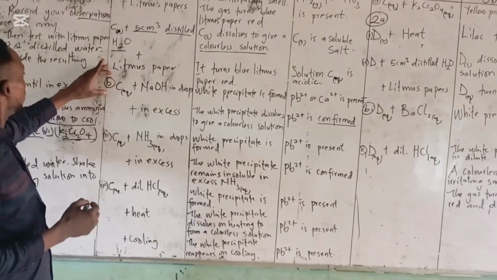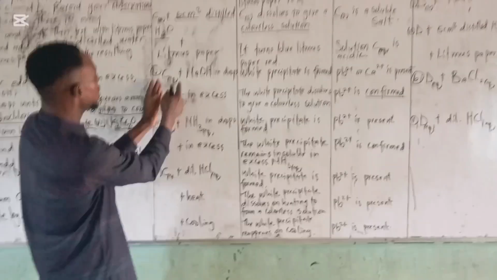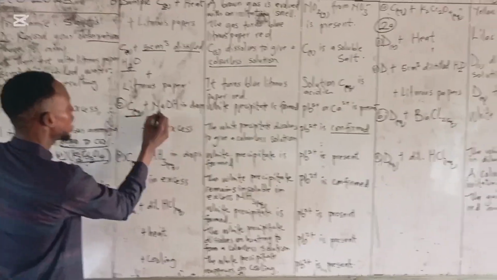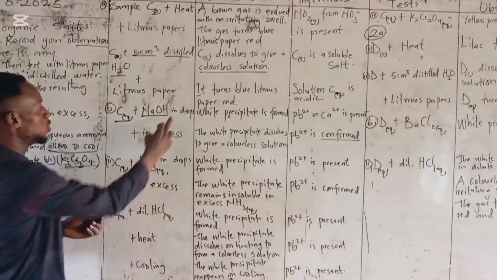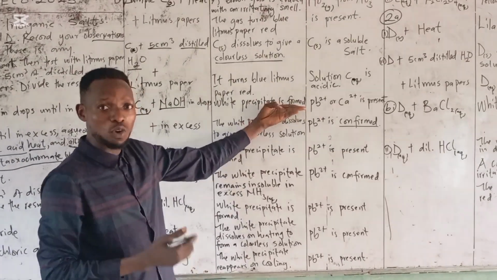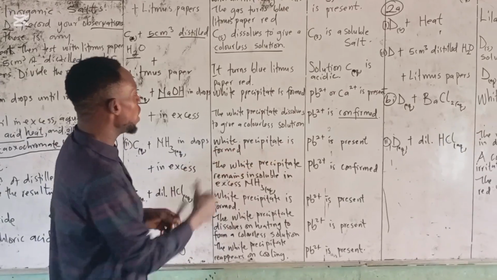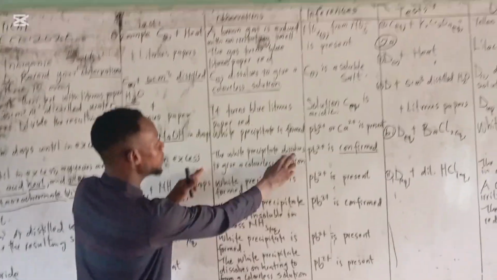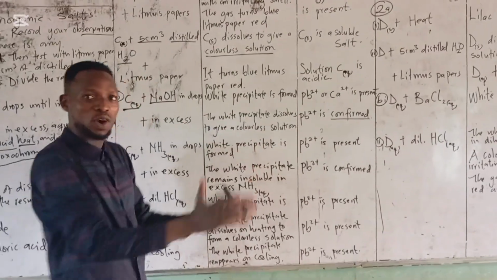Now B: we were told to put the first portion and add sodium hydroxide in drops, then in excess. Adding it in drops, we have formation of white precipitate. When we put it in excess, the white precipitate dissolves to give a colorless solution.